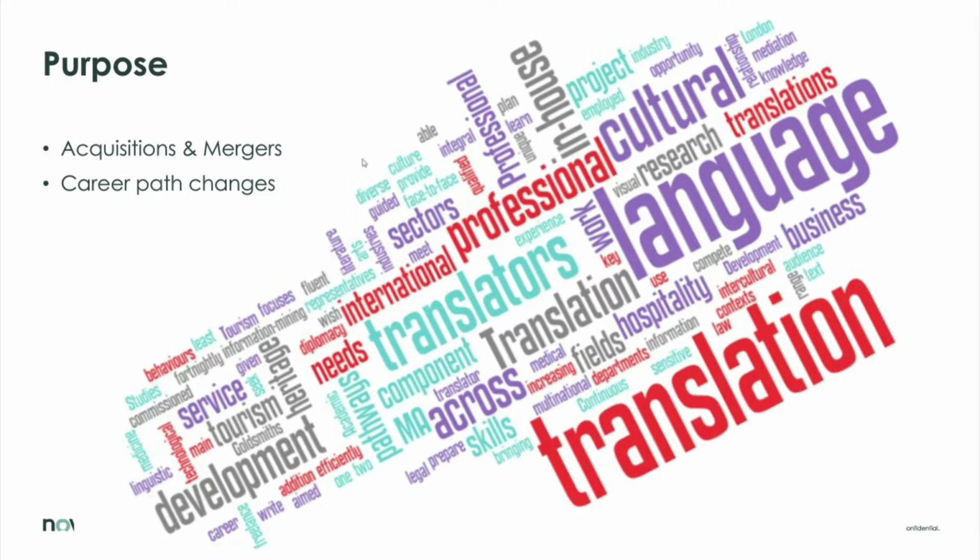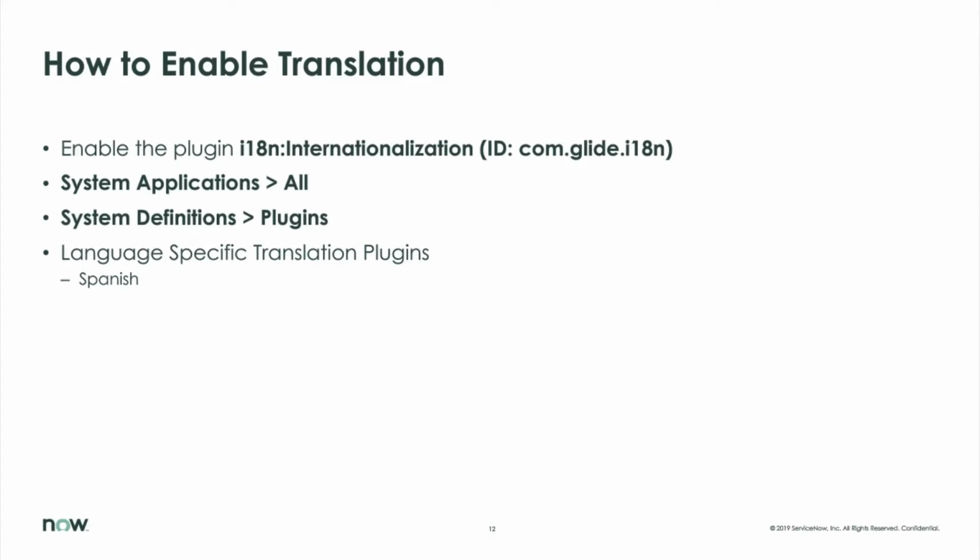So how do we do that? How do we enable translation? Well, first, it's just a plugin. You can install the plugin. It's a free plugin, and you just go to the plugins page and you search for I18N, or I think it's just internationalization you can search for, and you'll find it. And there's the ID on the slide there, and that ID will get you there.